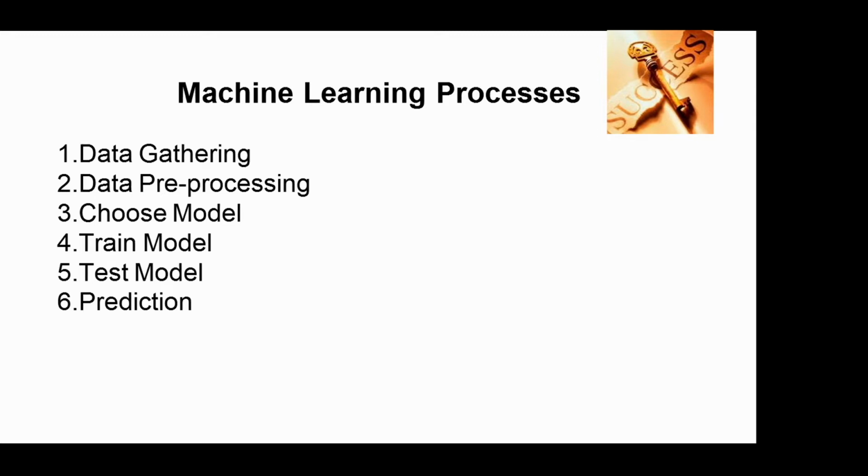Then the third step is that we have to choose the model. This third step is regarding choosing machine learning algorithms, whether it is a supervised algorithm, or you can also choose an unsupervised algorithm, or you can choose a neural network to give proper training of the model.